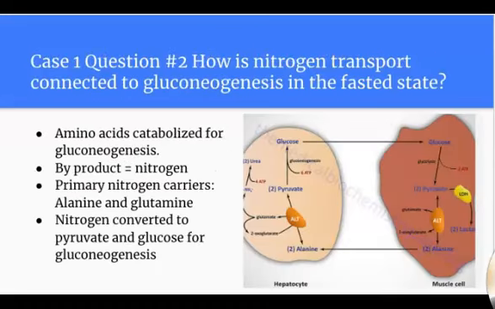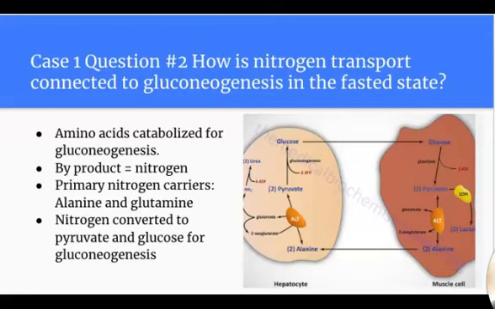The second question asks, how is nitrogen transport connected to the gluconeogenesis in the fasted state? During the fasted state, amino acids are catabolized for the process of gluconeogenesis. This process involves amino acids being converted to glucose.